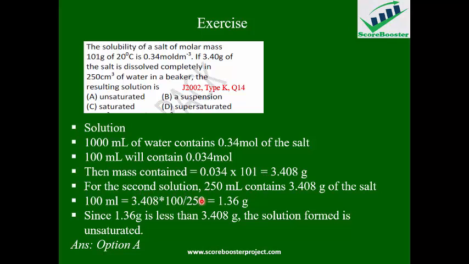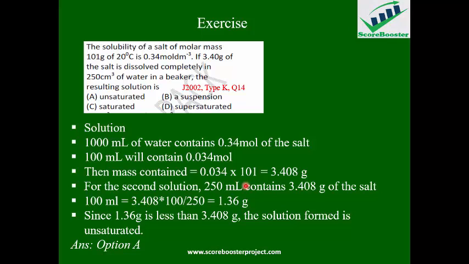For the second solution, 250 ml contains 3.4 grams, so 100 ml will now contain 1.36 grams, because we are using 100 ml as our scale here. Comparing 1.36 and 3.4, this new solution is far less than the saturated solution, so it's unsaturated.